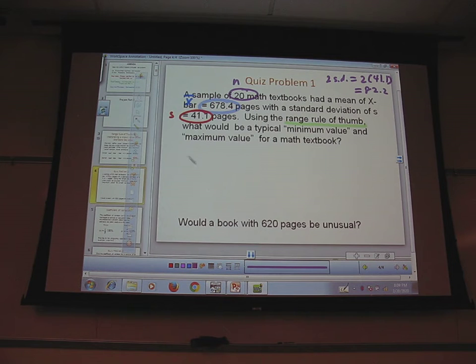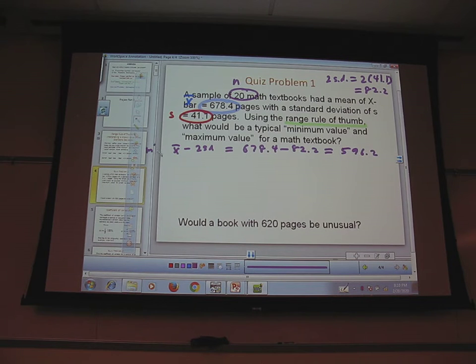And then add them and subtract them from the x bar. So x bar minus 2SD, that would be 678.4 minus 82.2, which is, help me out, 596.2.